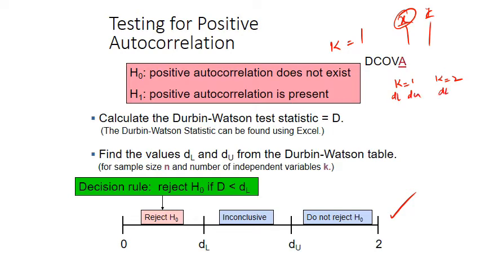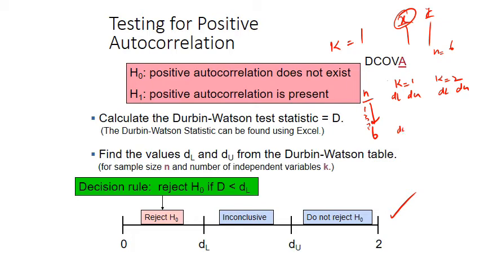For each k we have dl and du. Here we have the number of observations. In our case we had n equals 6, so we see where it is 6: 1, 2, 3, 4, 5, 6, k equals 1.